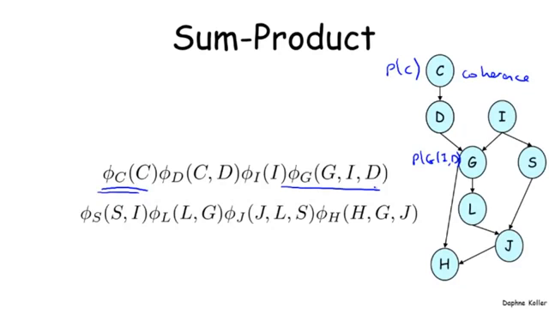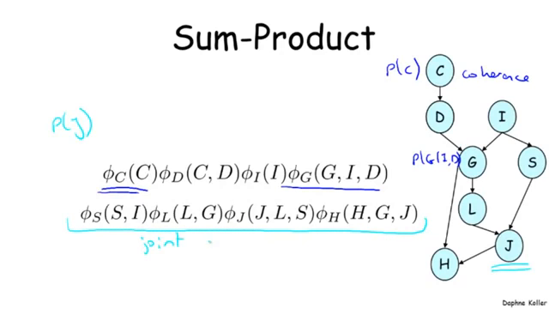So now let's assume that our goal is to compute the probability of the variable J. And so we'd like to compute P of J. And what we see here is the joint distribution, which we have defined using the chain rule for Bayesian networks.